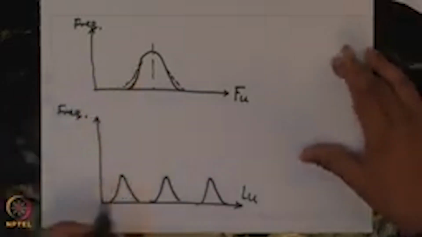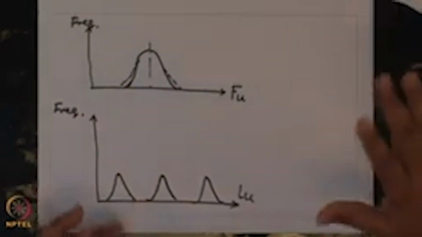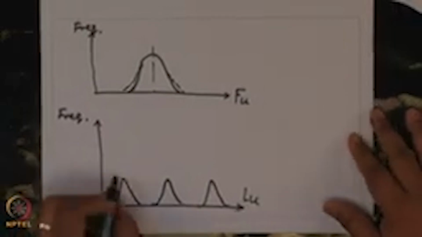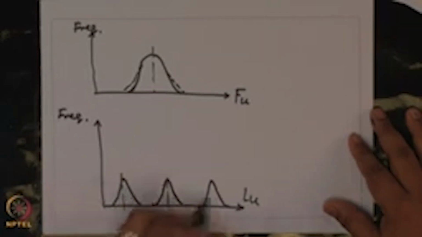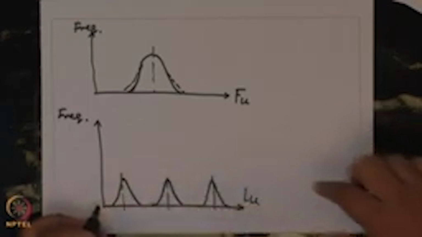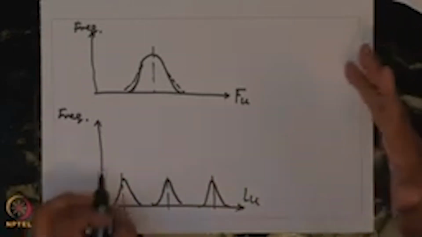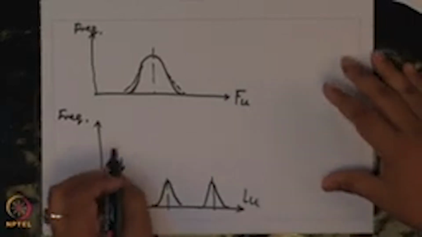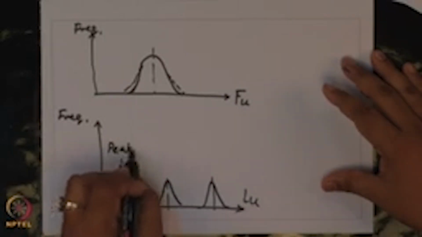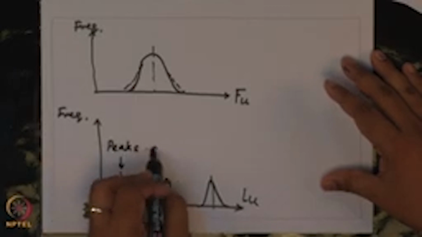But if these domains are of distinct lengths, you will have 3 histograms whose peaks do not overlap.